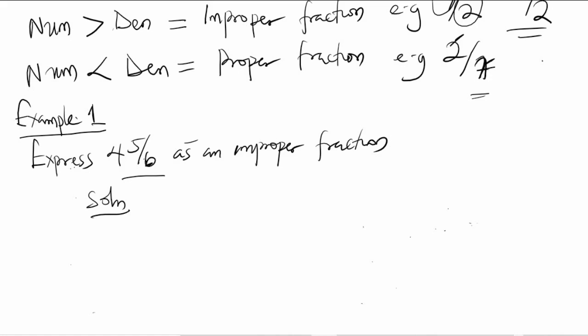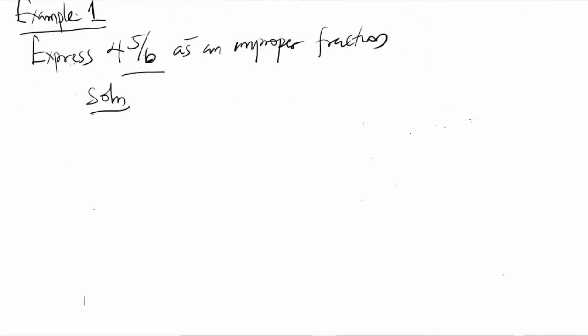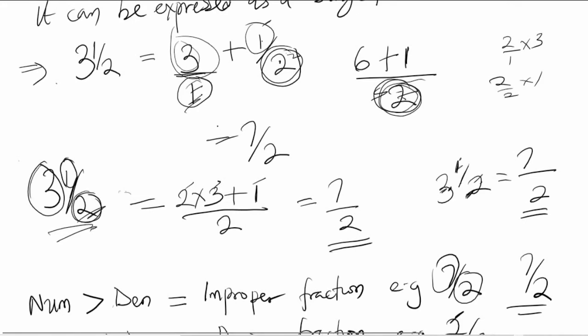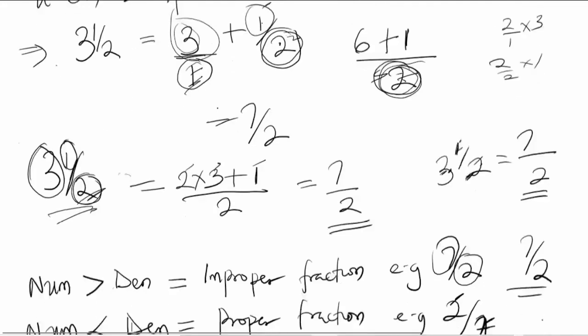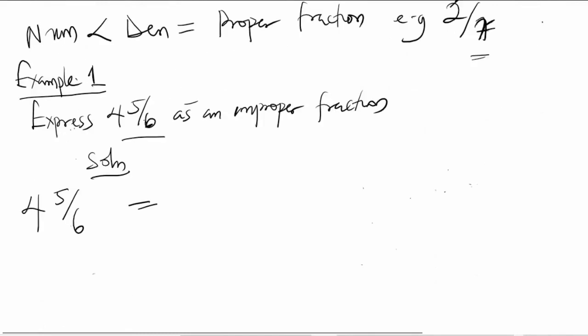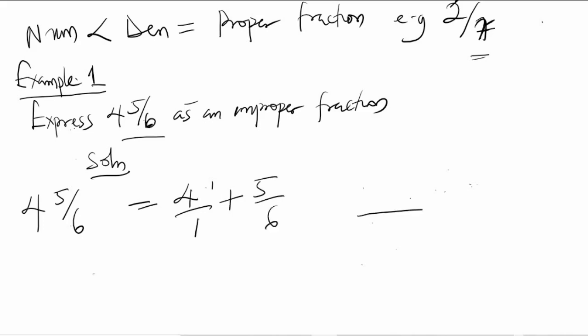So let's look for the solution. 4 5/6 is equal to, using the methods I showed you earlier, 4 over 1 plus 5 over 6.